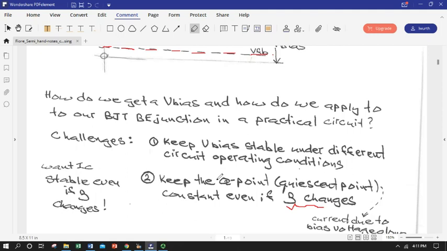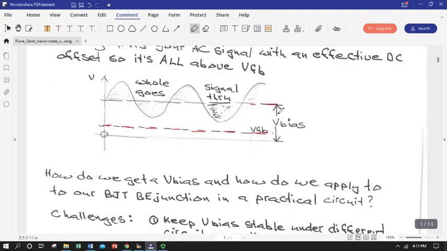If you remember our Q point, that's the voltage drop collector to emitter versus collector current at the operating point, that's dependent on beta. Our saturation and cutoff is dependent on our external circuit. So if beta changes, our operating point will change, and it's very likely that this will change and then possibly have our signal not all be where it needs to be.